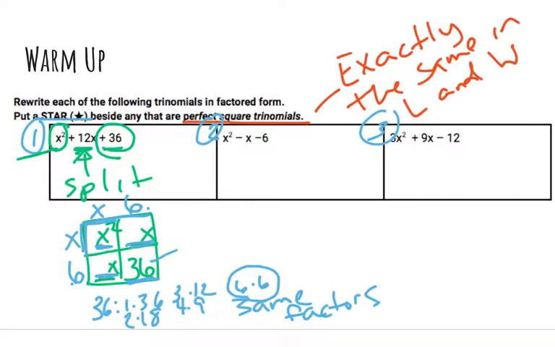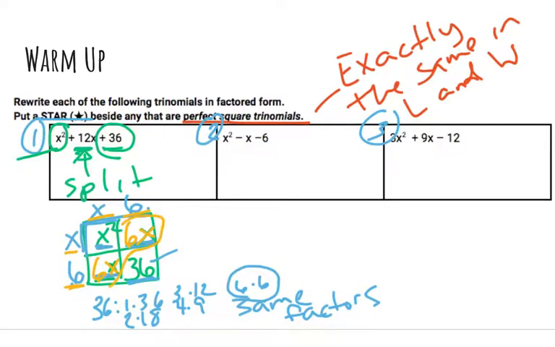Excellent. Now, let me fill in these other two boxes just to make sure it gives me that 12x. All right. So I'm looking at, let me get a different color. I'm looking at 6 times x, and that does give me 6x. And here I'm doing 6 times this top x, which gives me 6x.